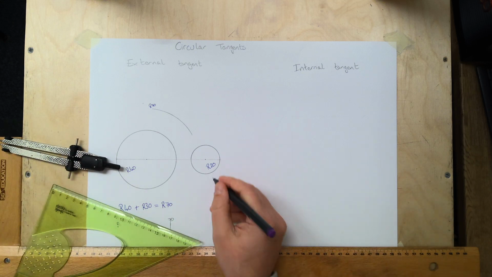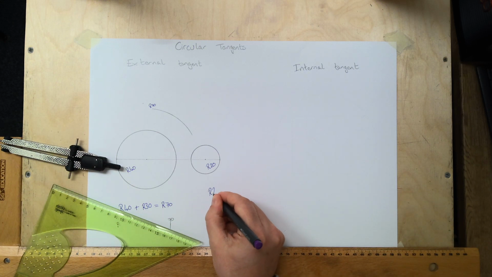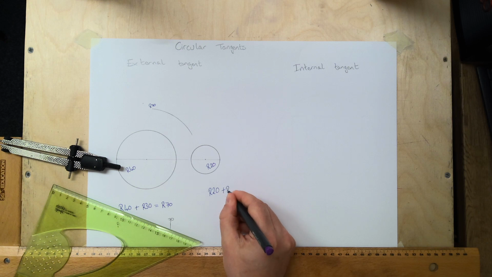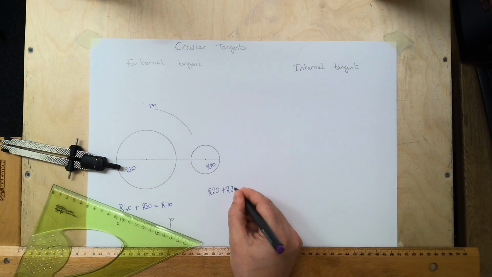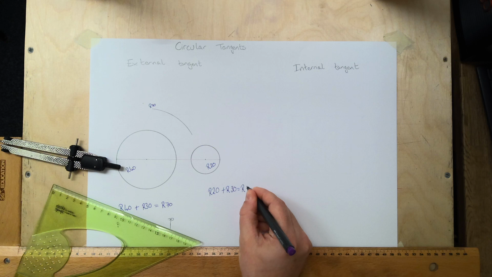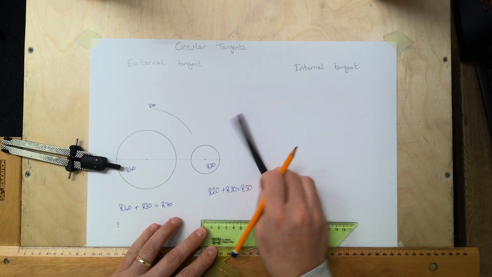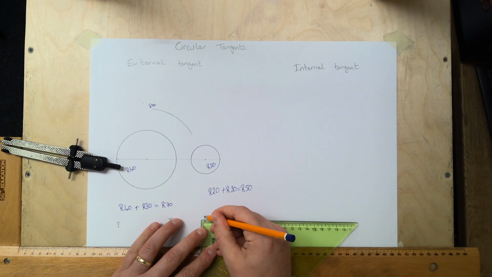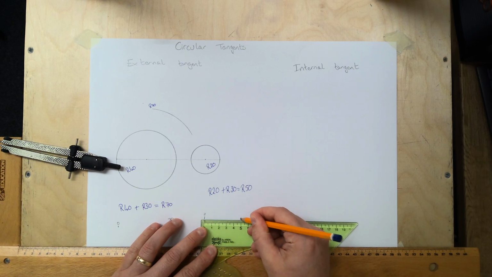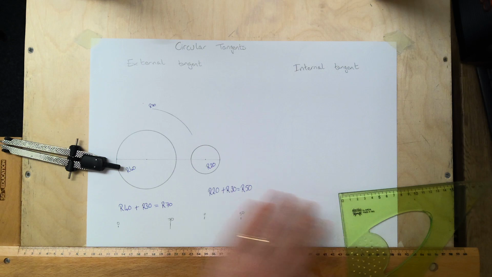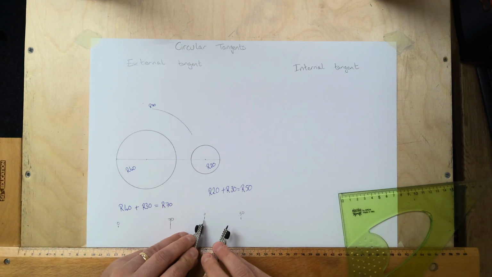Now, what we do then is over this side, we're going to go radius 20 plus our new radius, which is the 30. That's equal to my radius of 50. Now I'm going to set my compass to 50. Okay, set the compass to 50.